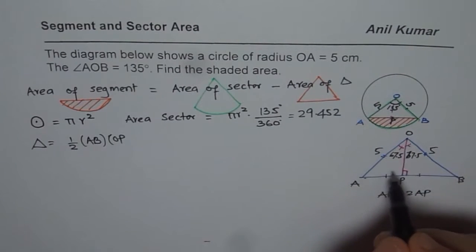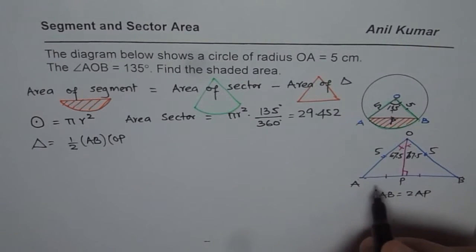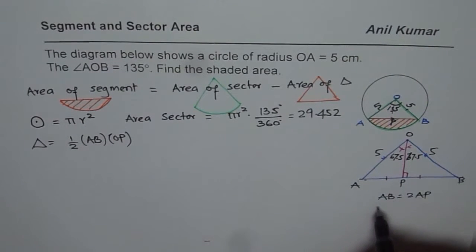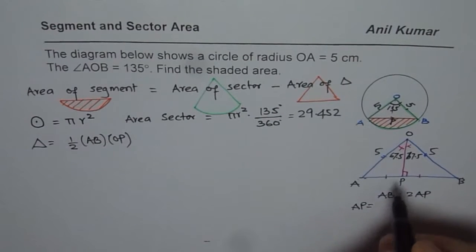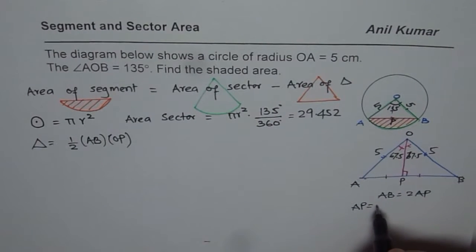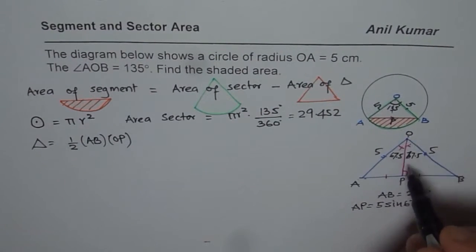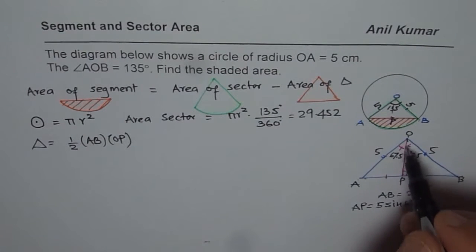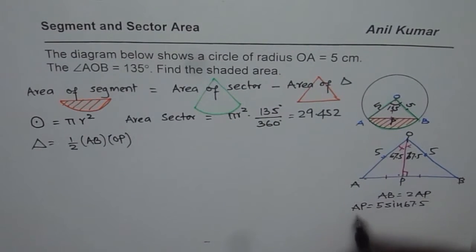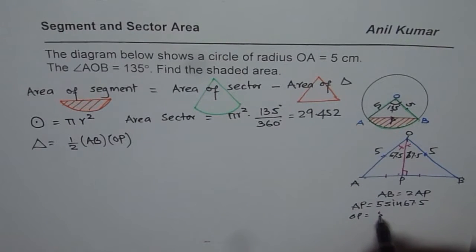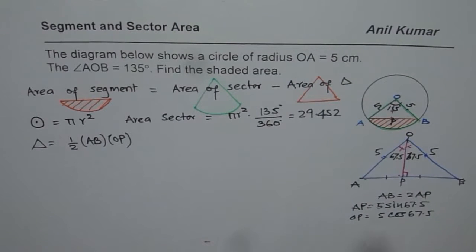We have hypotenuse as 5. This is the opposite side. AP is the opposite side of 67.5, so it is 5 times sine of 67.5. Similarly, OP is the adjacent side of the right triangle, so OP is equal to 5 times cos of 67.5. That is how you get both the sides, correct?